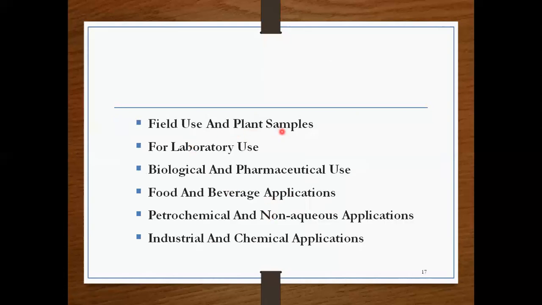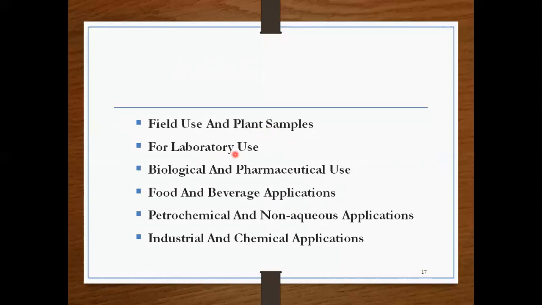The next one is field use and plant samples. A pH electrode used for field use and plant samples should have an epoxy body for added durability and be polymer or gel filled for easy maintenance. So these types of electrodes are used for field use and plant samples.